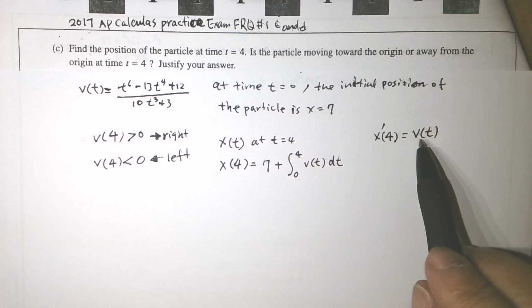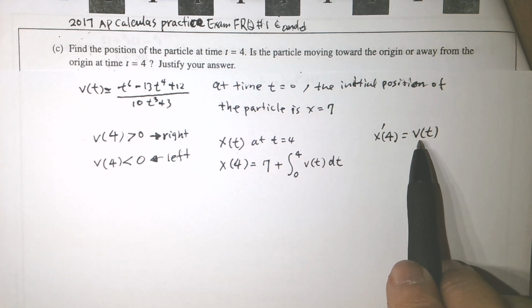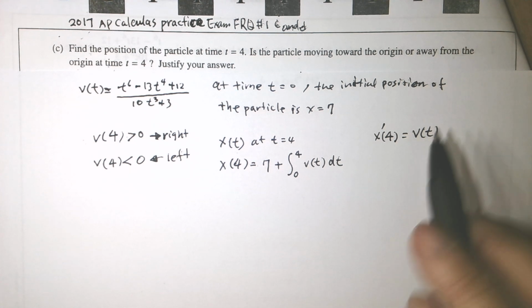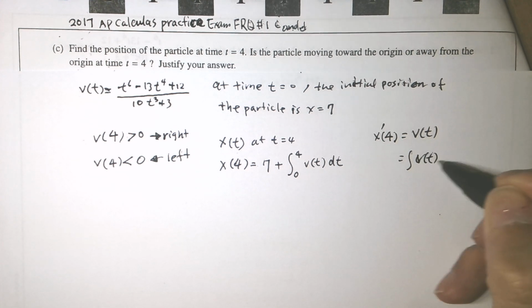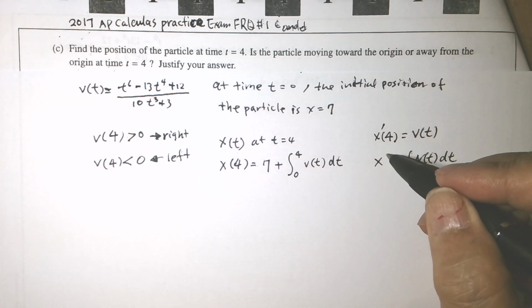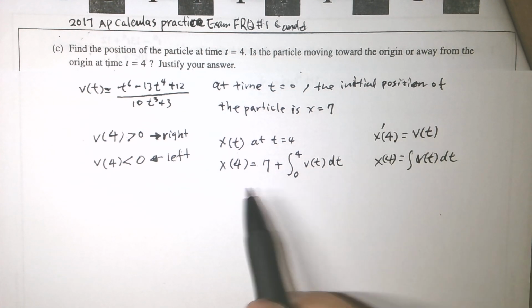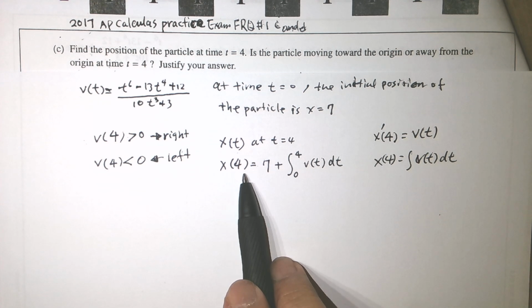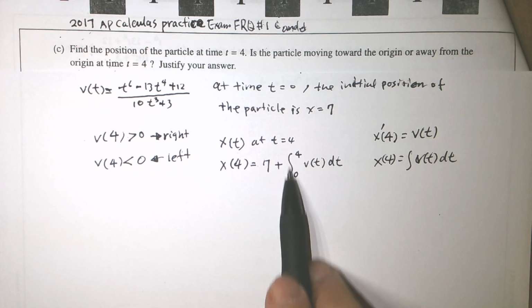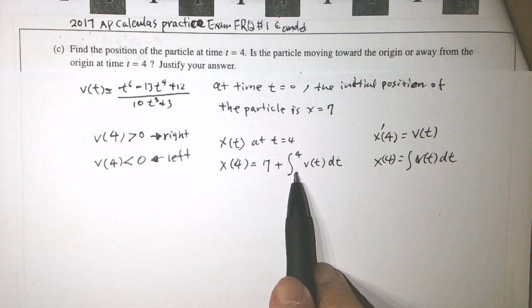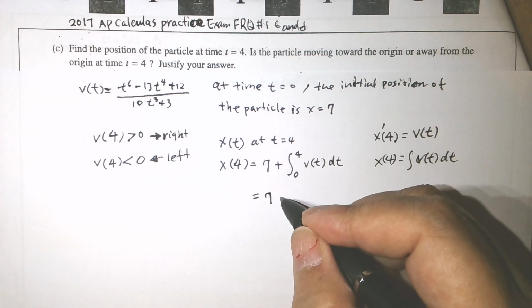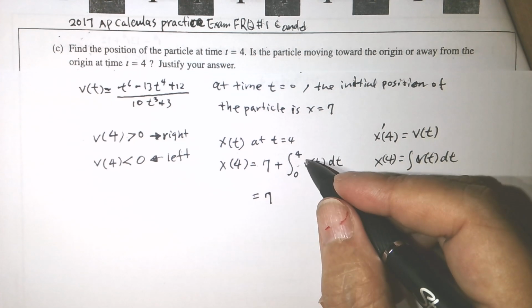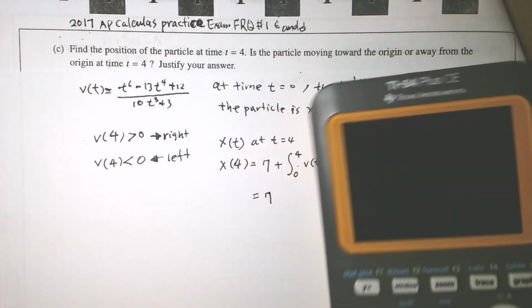To reverse, we take the integration of the velocity, and it equals the position function. So the position function is equal to the initial value plus the integration of the velocity function from 0 to 4.